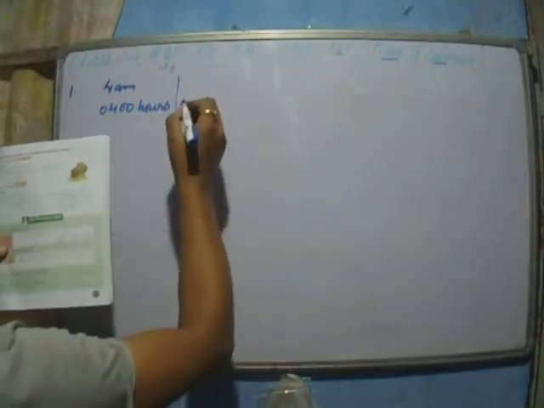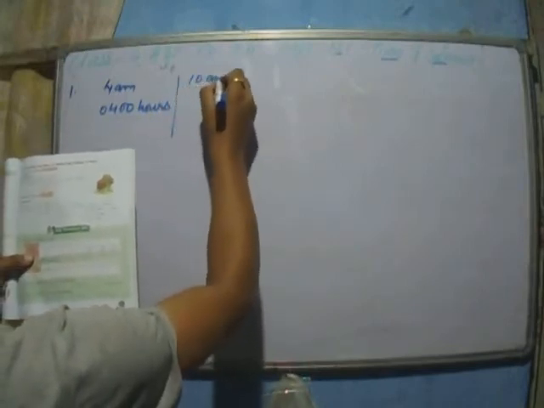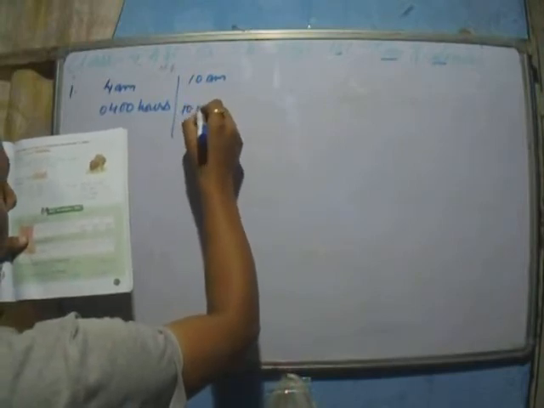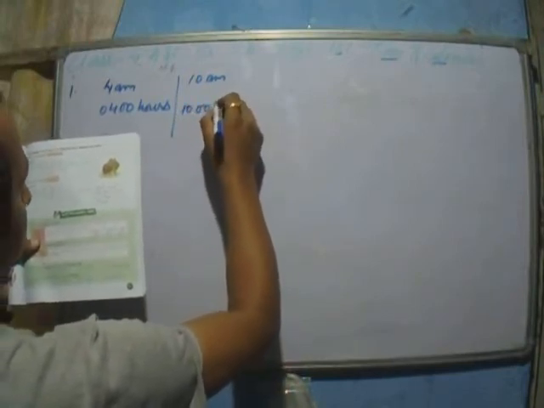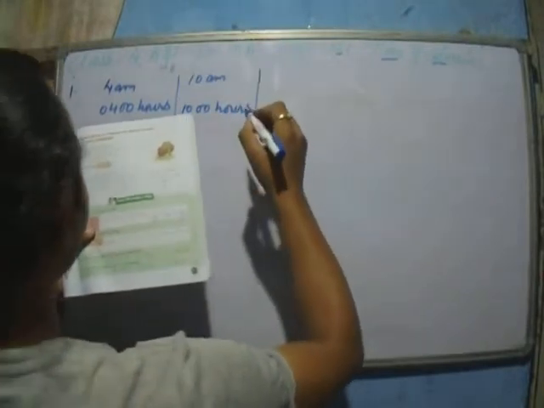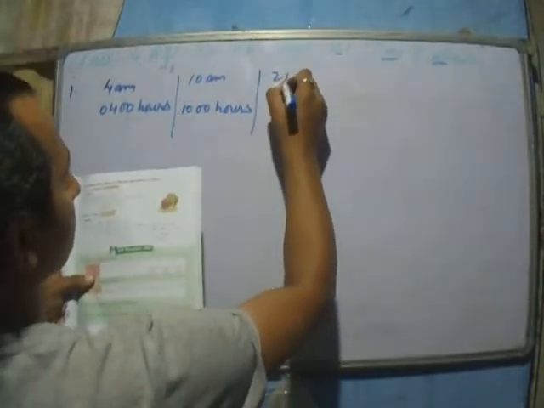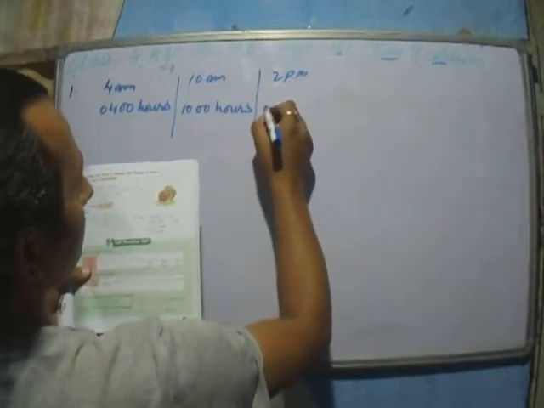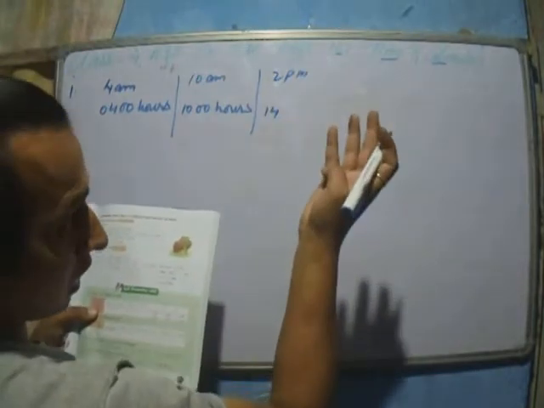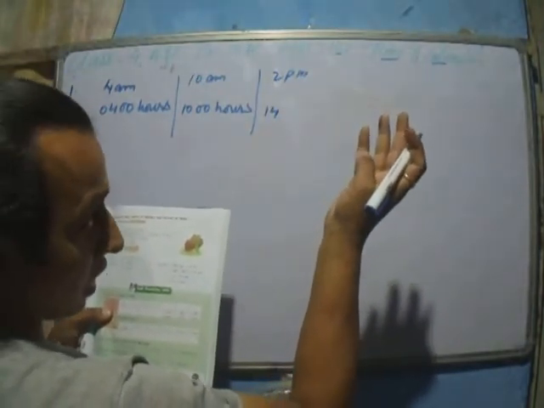Then the second one is 10 a.m. So 10 a.m. is 1000 hours. Like that, 2 p.m. is 14. After 12 is 13, then 14.